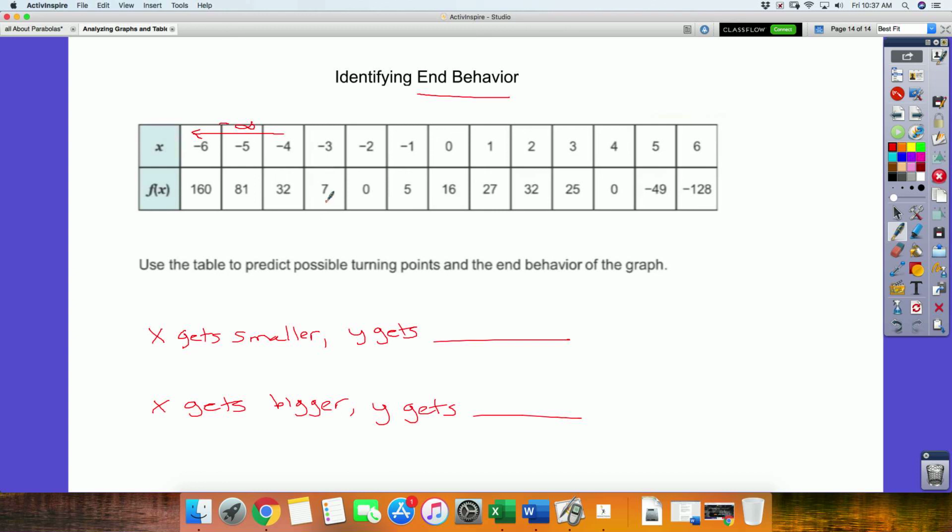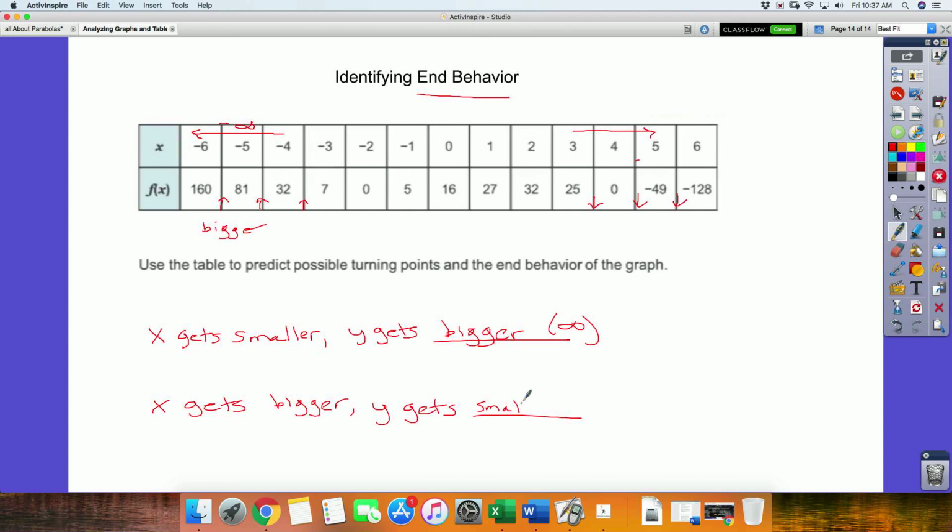But if I look here, my y values from 7 to 32, it went up. From 32 to 81, it went up. It went up, so I can see that these are getting bigger. And we do bigger by putting a positive infinity. And then as my x's are getting bigger going this way, I look to see what's happening on my last few, and I can see that in between each one, it's getting smaller.